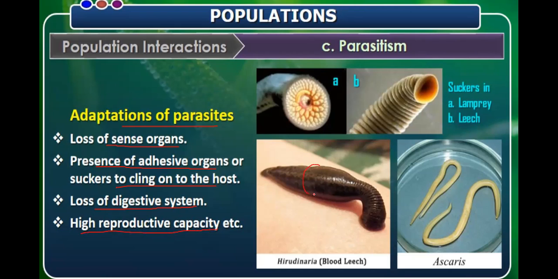This is leech. Hirudinaria, leech, Ascaris, these are parasites. They are having suckers. This is lamprey, they are having suckers. This is leech, they are also having suckers, so that they can attach themselves to the surface of their host.